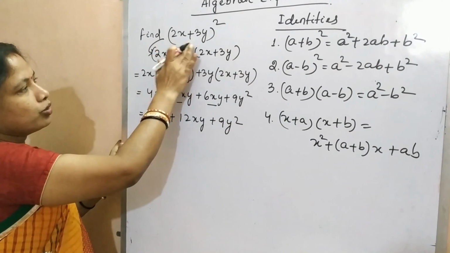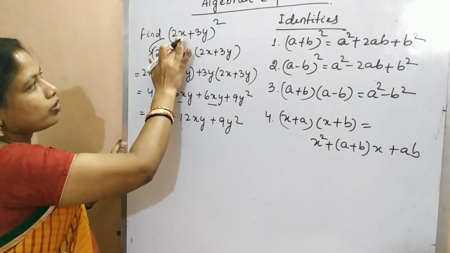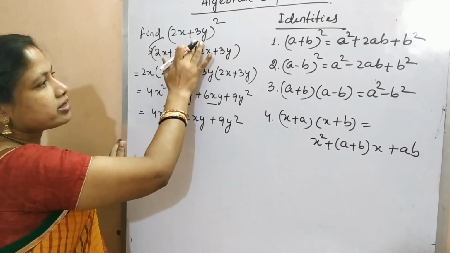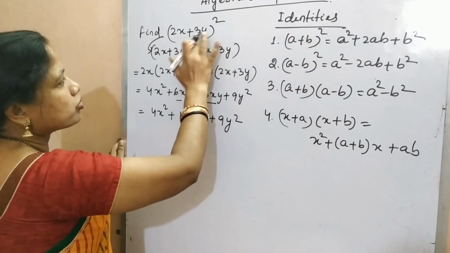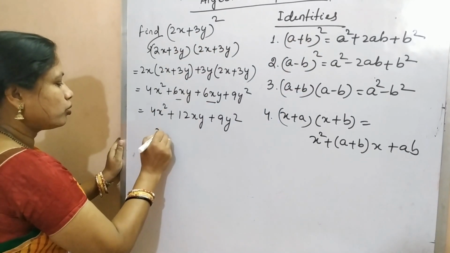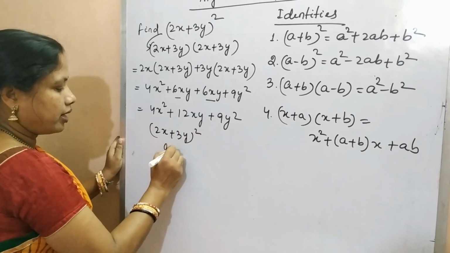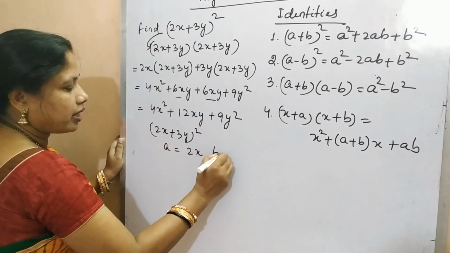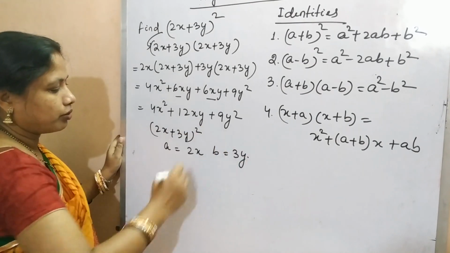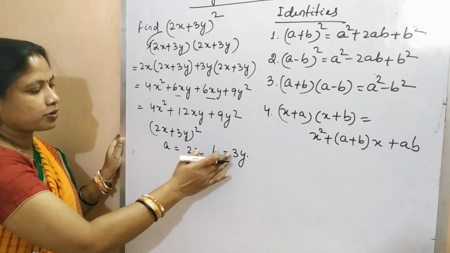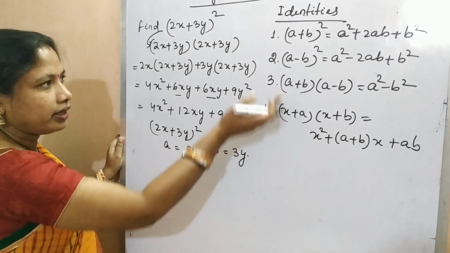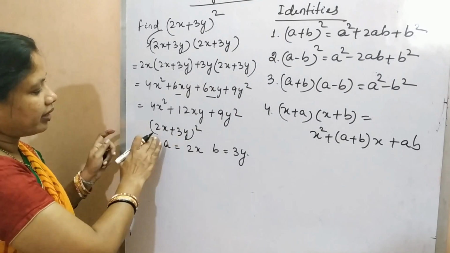Or we can use the identity here. (2x + 3y) whole square is in the form of (a + b) whole square. So here a is equal to 2x and b is equal to 3y. So by putting 2x and 3y in the identity, we can find this value.